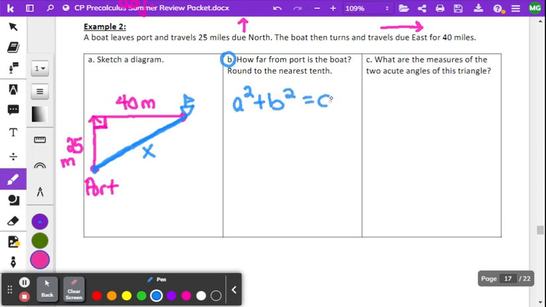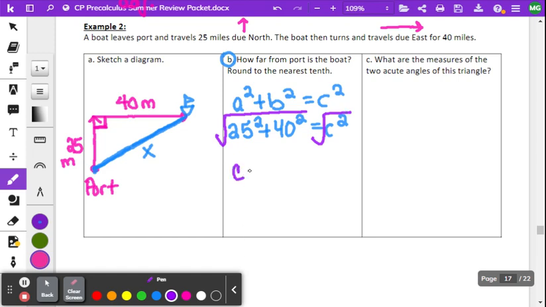So a squared plus b squared equals c squared. So we have 25 squared plus 40 squared equals c squared. And to tell you the truth, you could just drop this right in your calculator just like this, because we're allowed to get decimal answers for these. We're not looking for exact radical answers because they're application problems.